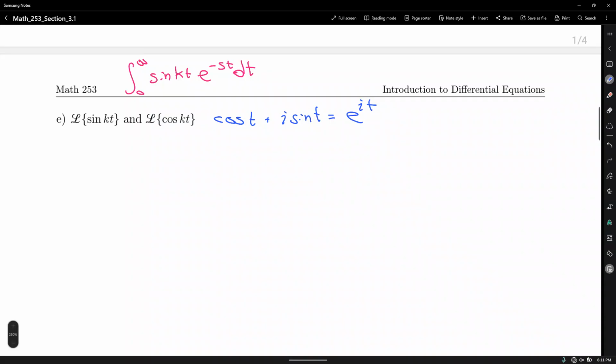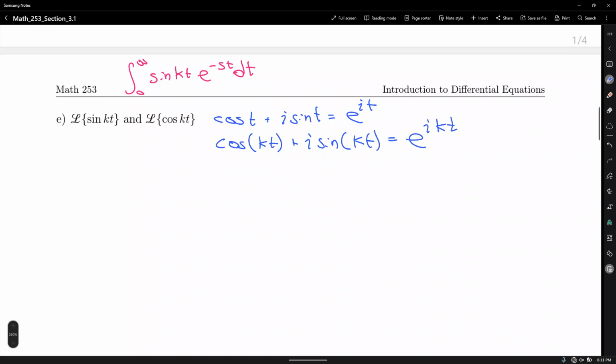That's Euler's identity. And you can always change the angle if you want, to cosine kt plus i sine kt, which is e to the ikt. I mean, 2t, 5t, whatever. But in this case, we want kt.